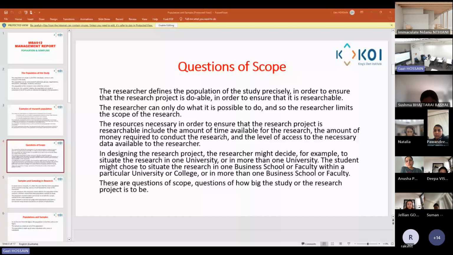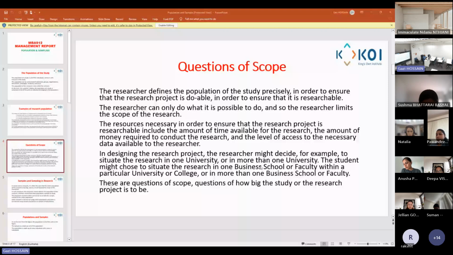Therefore, when we are doing real academic research and thinking about the scope, we need to consider all these three factors. In designing the research project, the researcher might decide, for example, to situate the research in one university or in more than one university.